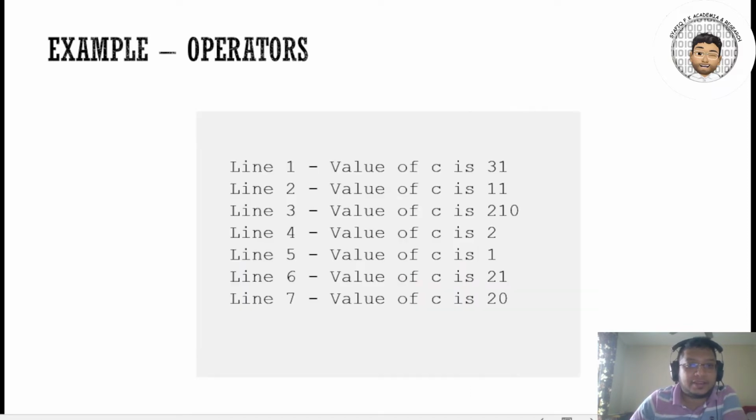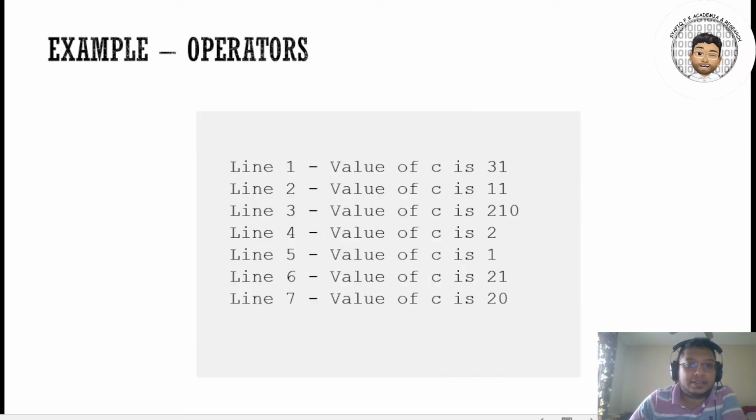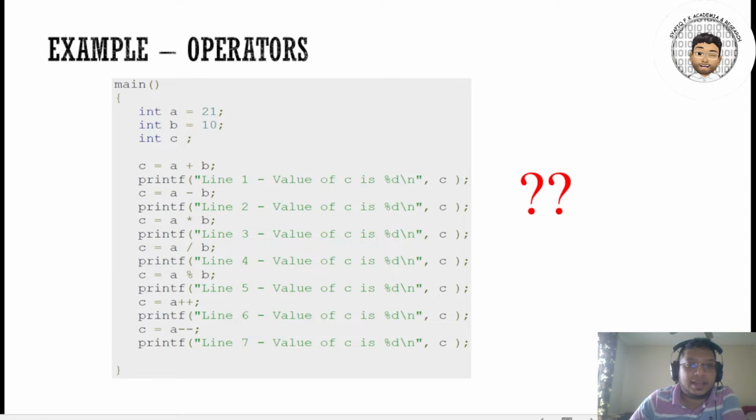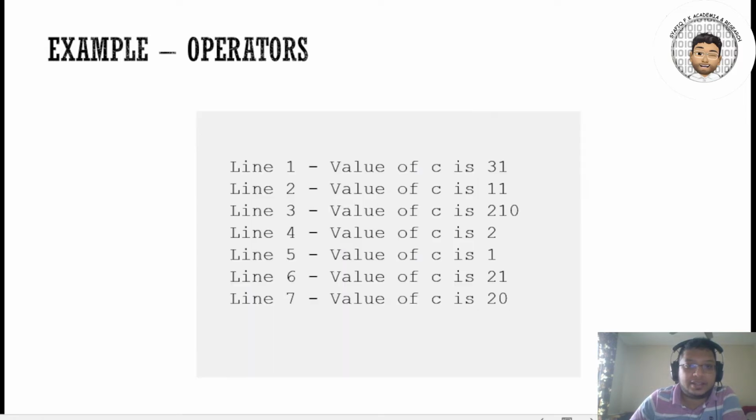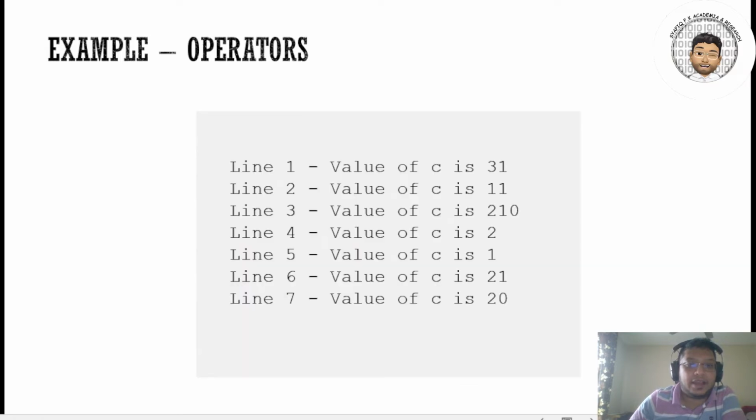What do we have as an answer here? We start with A plus B. When you do A plus B, the answer is 31, because 21 plus 10 is 31. Next, C is equal to A minus B, so 21 minus 10 is 11. Yes, correct. A times B, 21 times 10 is 210.